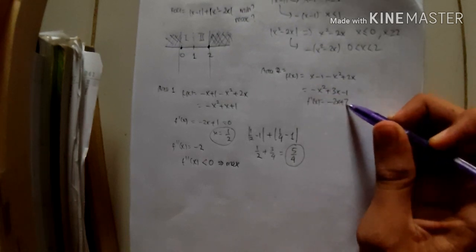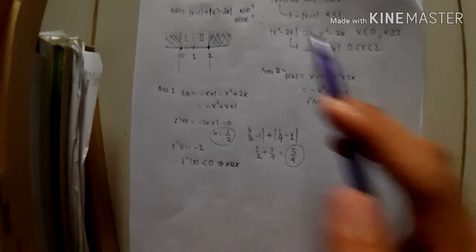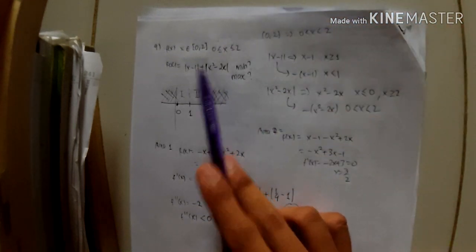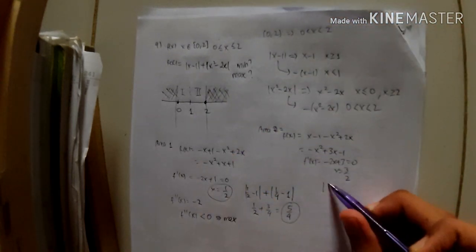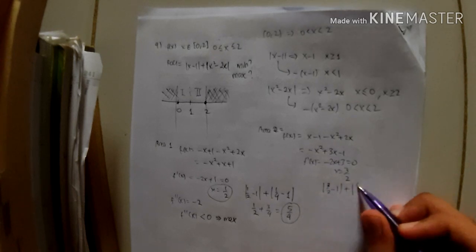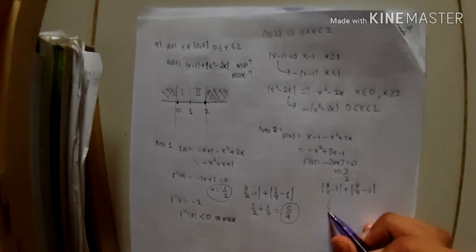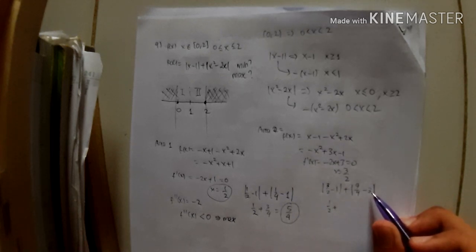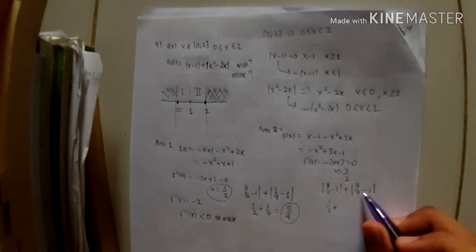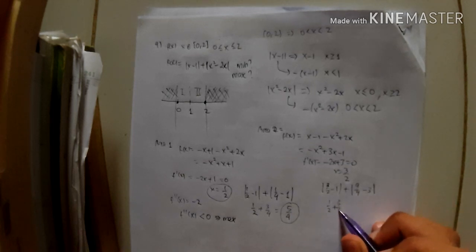Minus 2x plus 3 equals 0. x is 3/2. We substitute that into this function here. So that is 3/2 minus 1, plus 3/2 squared is 9/4, minus 3. So that is 1/2 plus this, which is minus 3/4, and with the absolute sign, it becomes positive.